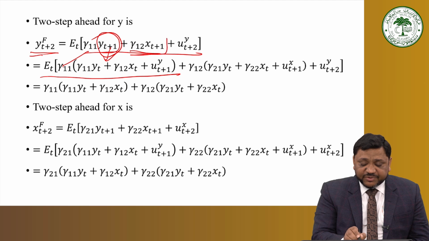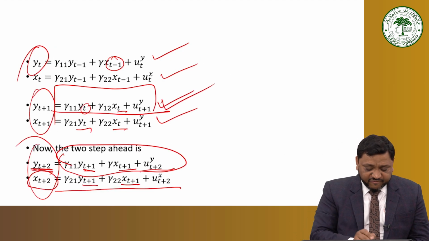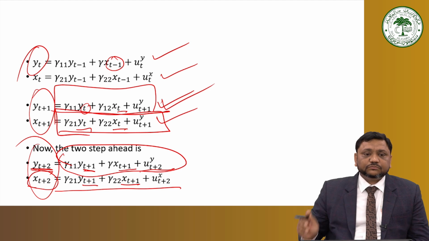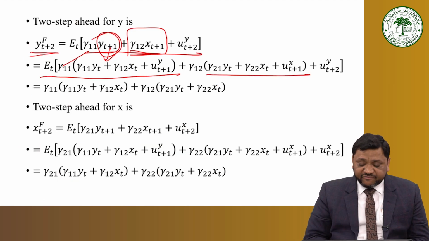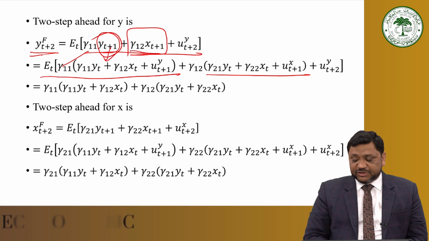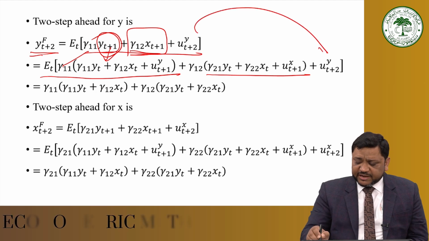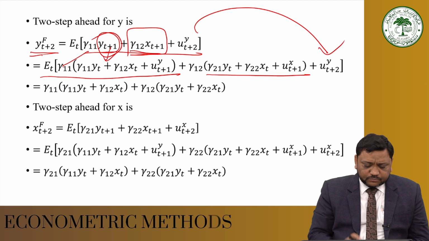Similarly, the next term is gamma 12 xt plus 1. Xt plus 1 we have over here, and we are incorporating this term over here. So we have gamma 12 multiplied by gamma 21 yt plus gamma 22 xt plus error of x at t plus 1, plus our original error term, that is error of y at t plus 2.